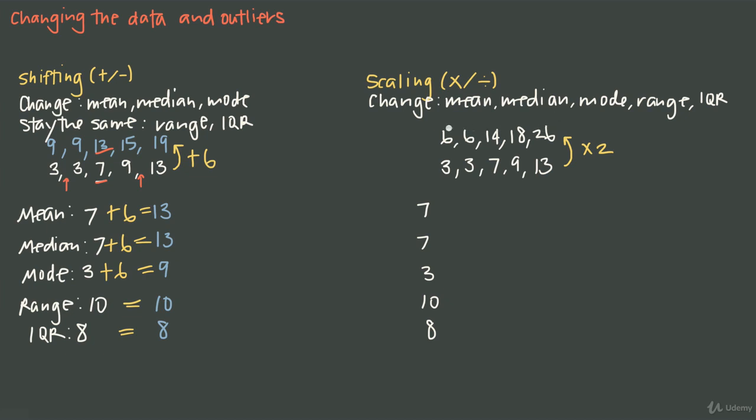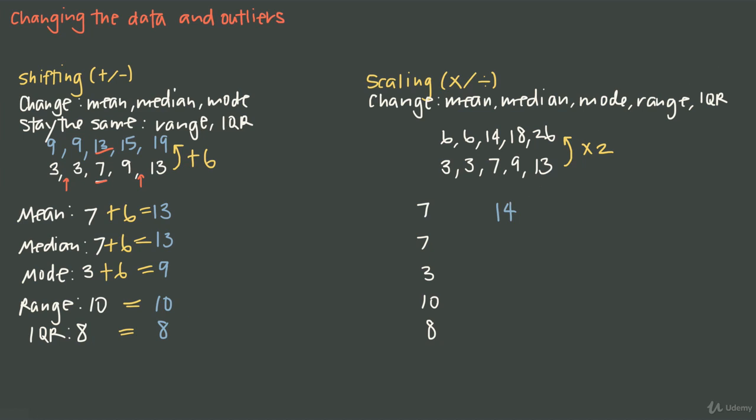So for the mean, if we add these together, 6 plus 6 is 12, 12 plus 14 is 26, 26 plus 18 is 44, and 44 plus 26 is 70. 70 divided by the number of data points 5 is 14. So we get a value for the new mean of 14.